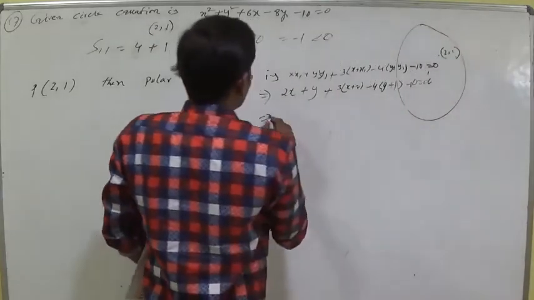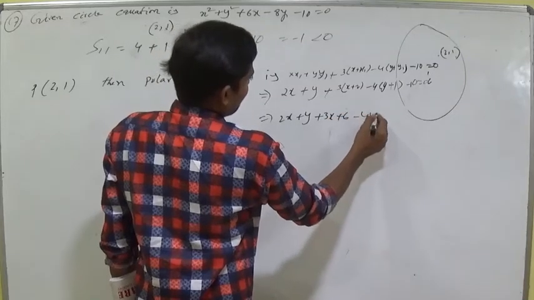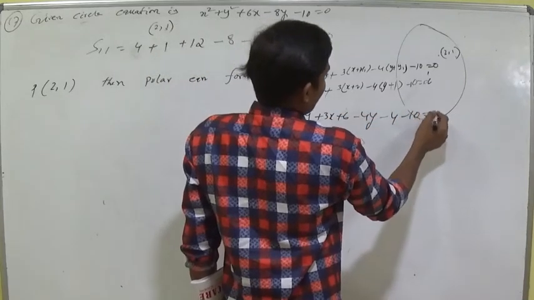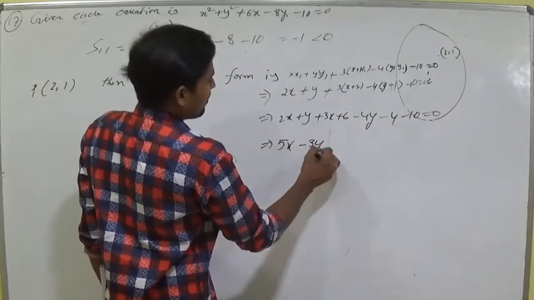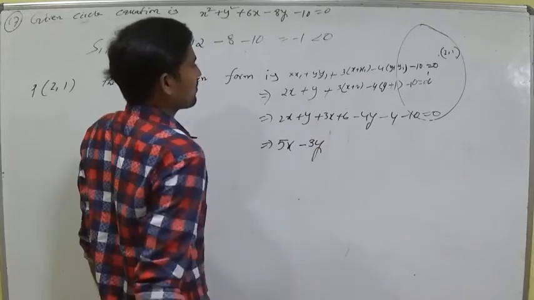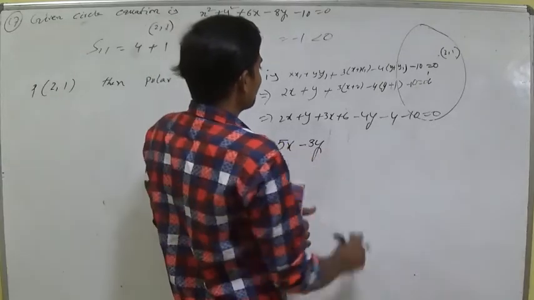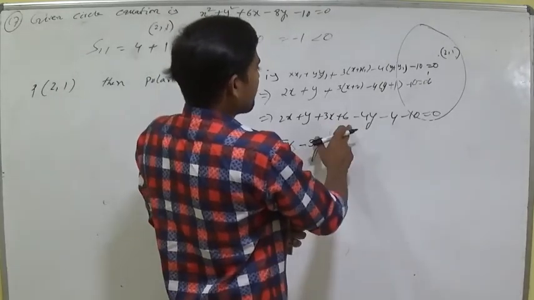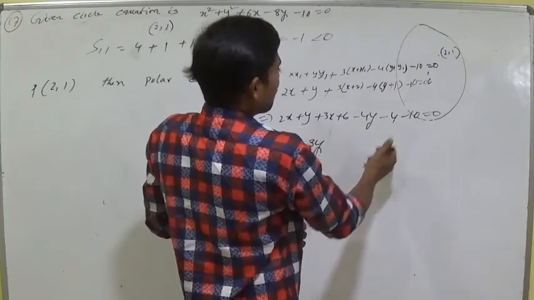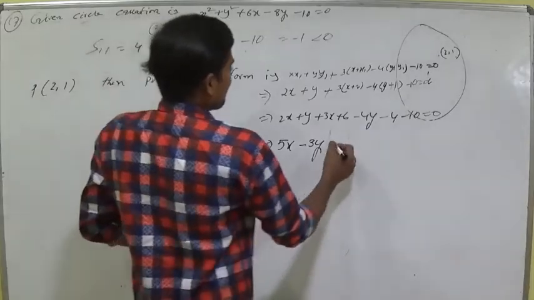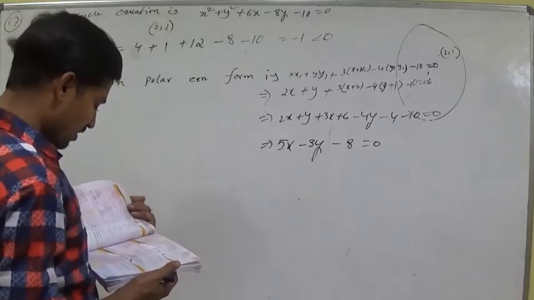So 2x plus y plus 3x plus 6 minus 4y minus 4 minus 10 equal to 0 implies 5x minus 3y, and constants plus 6 minus 4 minus 10, so minus 8 equal to 0. 5x minus 3y minus 8 equal to 0.